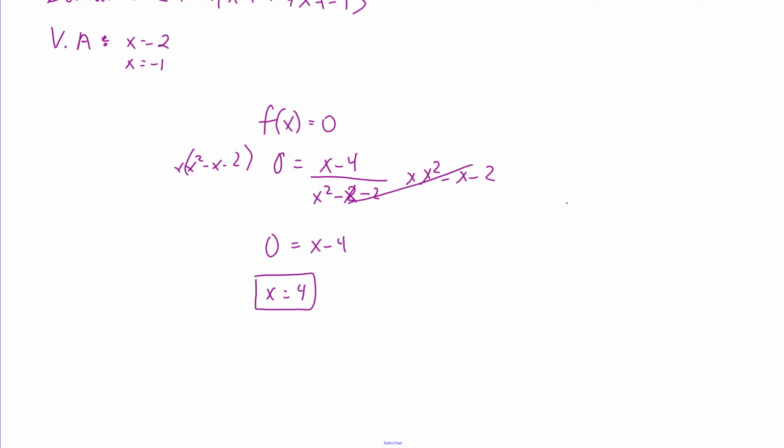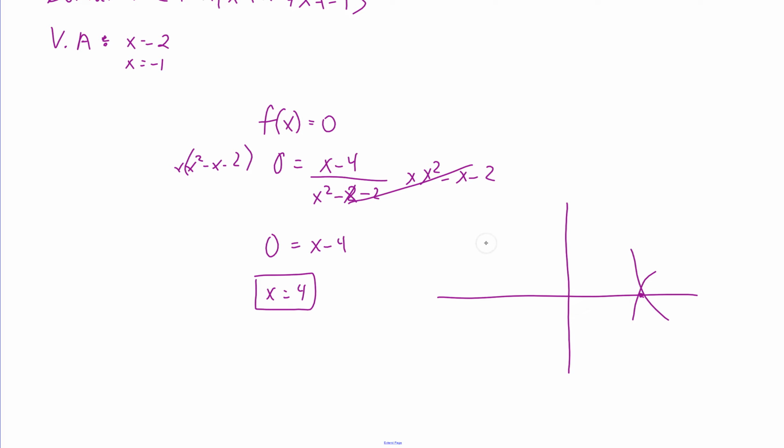So that means at x is equal to 4, our function will cross this axis. We don't know which direction it's going yet; we haven't determined that. But we know that at x is equal to 4, y is equal to 0.